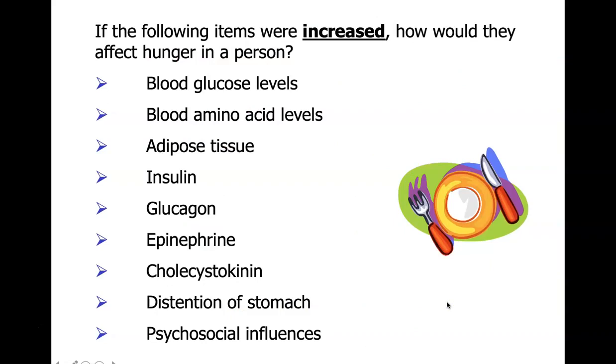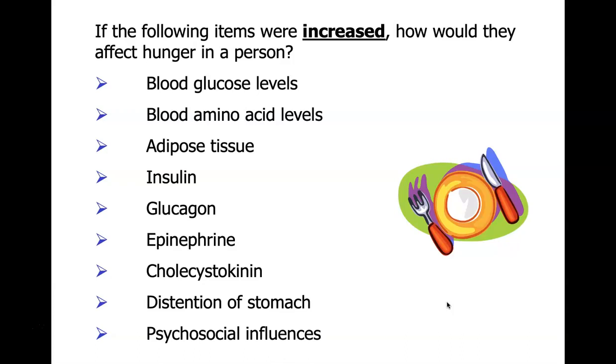Okay, so here's your thought. If the following items were increased, how would they affect hunger in a person? You can think theoretically, but I also want you to look up some of these. Maybe some of them you know. If you have increased blood glucose levels, is that going to make you hungry or not hungry? So I want you to stop here and go through this for blood glucose levels, blood amino acid levels, increased adipose tissue, insulin, glucagon, epinephrine, and then these ones that we mentioned in the digestive lecture.